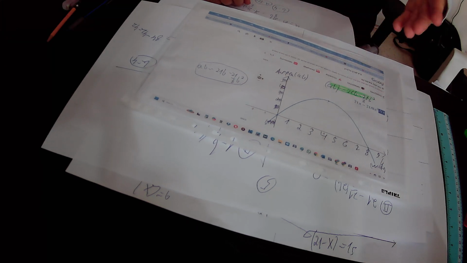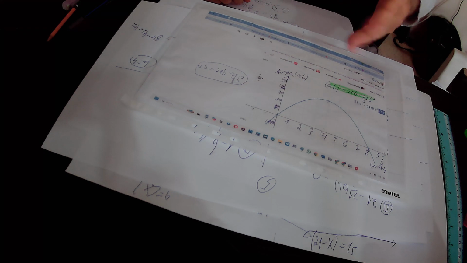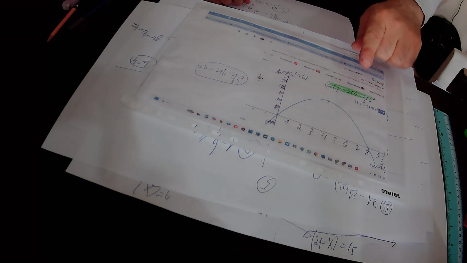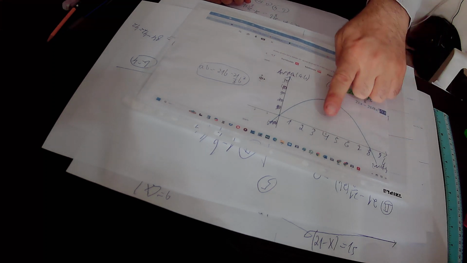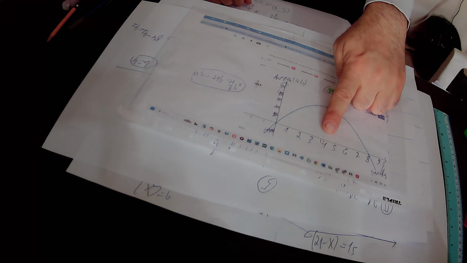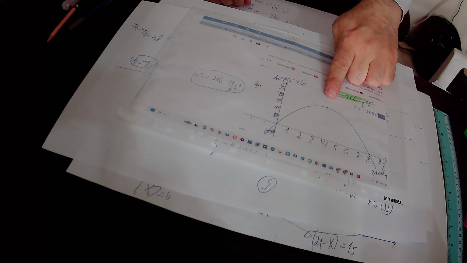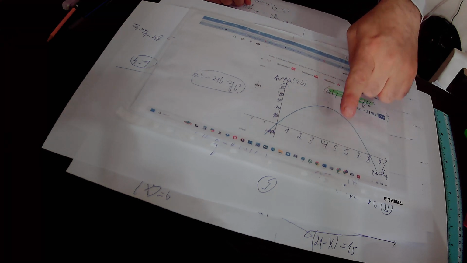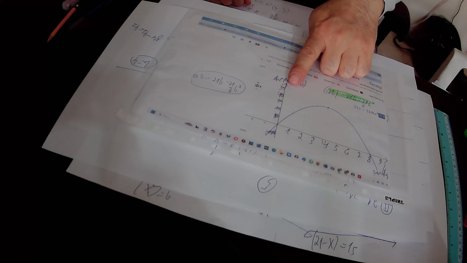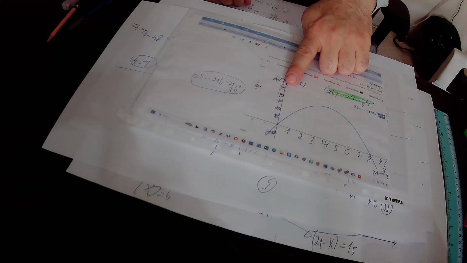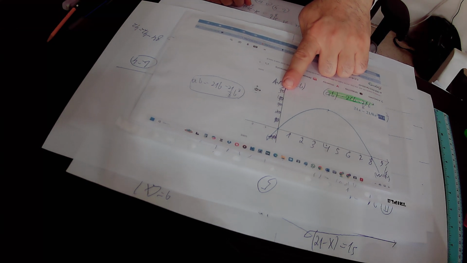And you can see from this graph that when b equals 4, the area is at its maximum value, at its maximum height. When b equals 4, the area is a little bit greater than 40. This number is 40.